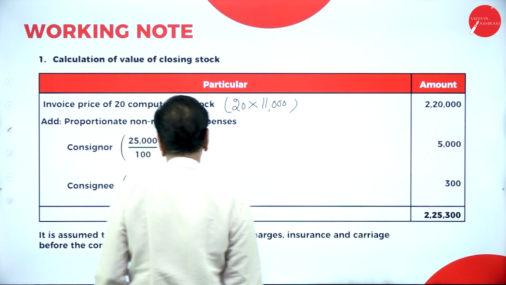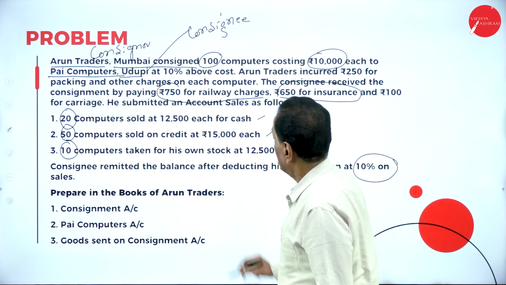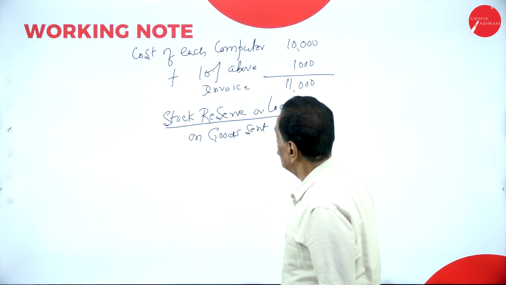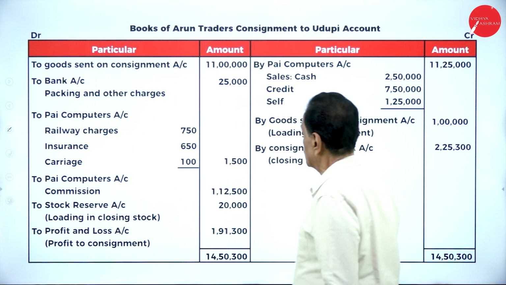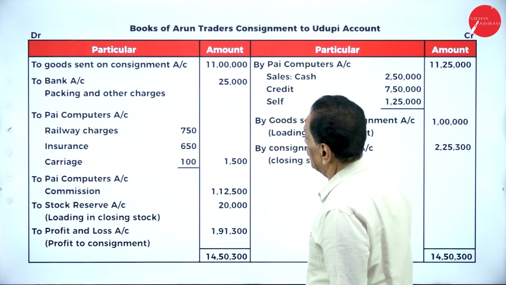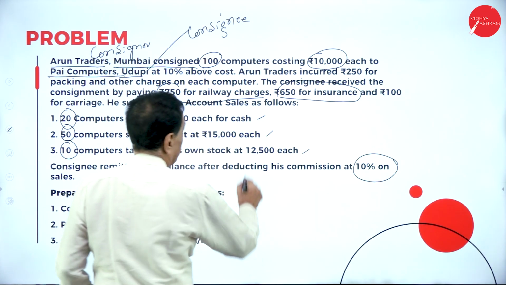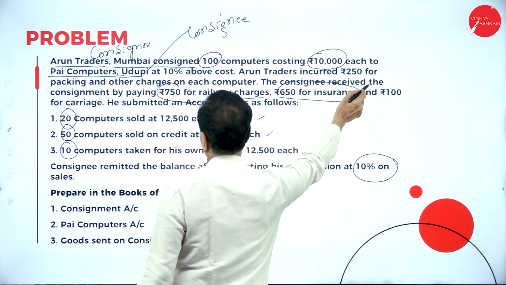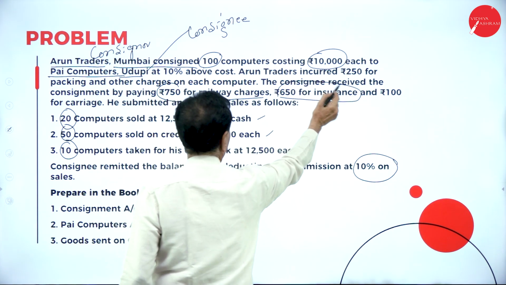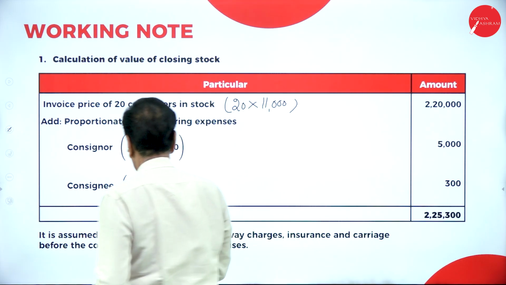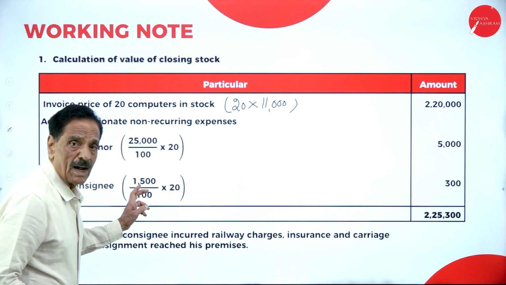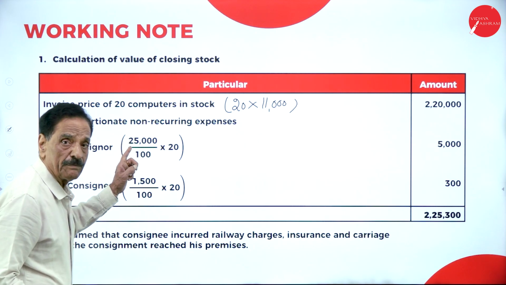Add proportion of non-recurring expenses. If you add all these things now, totally non-recurring expenses: packing and other charges. Arun Traders incurred 250 for packing and other charges, 250 into 100, 25,000. This 25,000 is for how many computers? 100. The expenditure is 25,000.